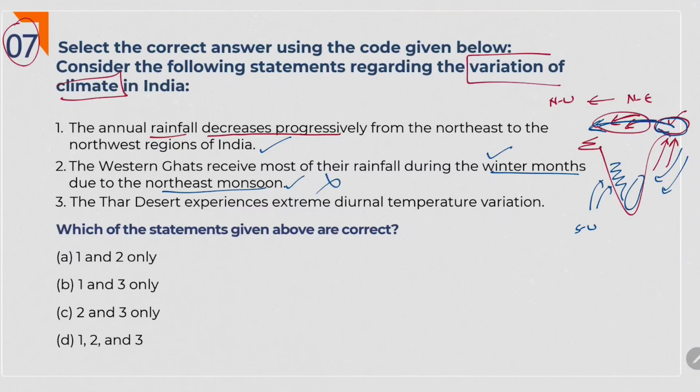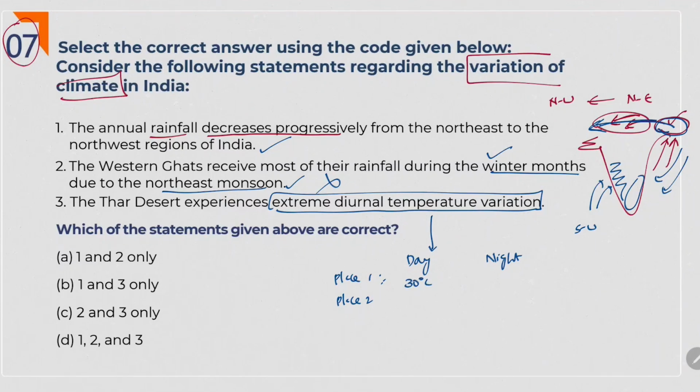And the third one, the Thar Desert experiences extreme diurnal temperature variation. What is this diurnal temperature variation? I am explaining with an example. Say there are two places, place 1 and place 2. We will see the temperature distribution at day and night. At place 1, the day temperature is around 30 degrees and the night temperature is around 28 degrees.